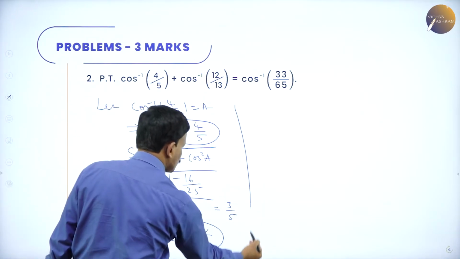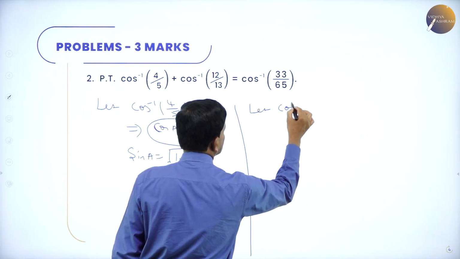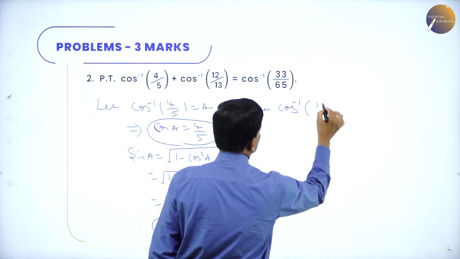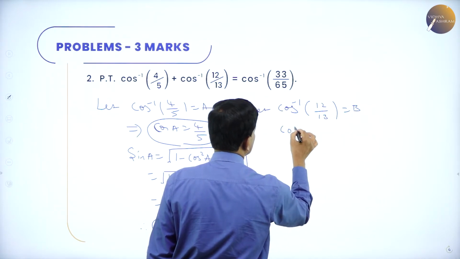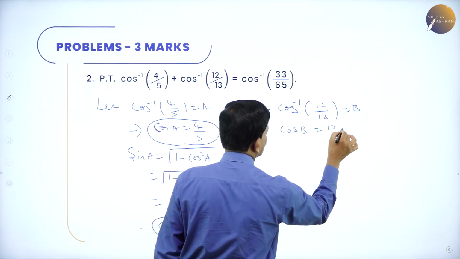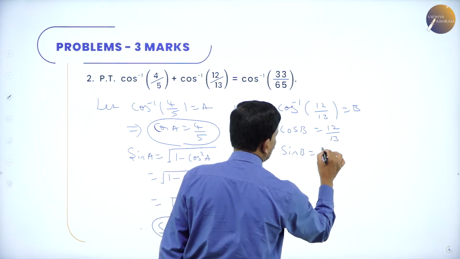On the other hand, let us consider cos inverse 12 by 13 as b. This implies cos b is equal to 12 by 13. Find out sin b, same formula.